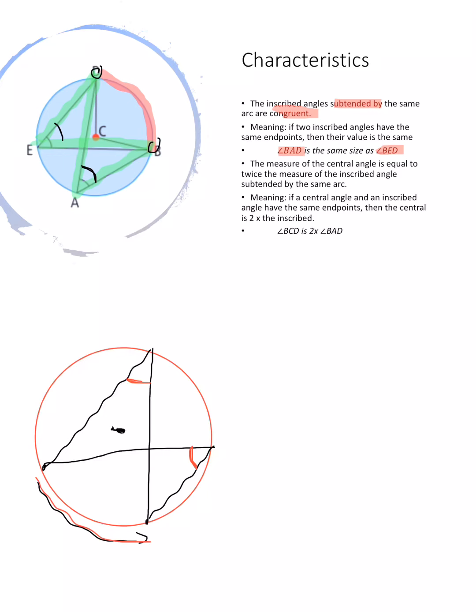All right, the second rule here is that the measure of the central angle is equal to twice the measure of the inscribed angle subtended by the same arc. So in this example, if we look at it to the left here, BCD, this central angle, BCD, is actually twice the other ones.